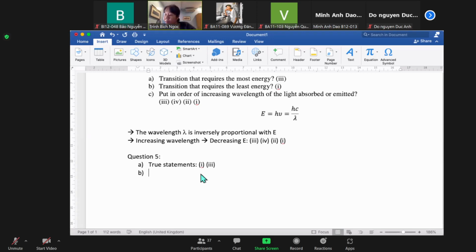So the answer will be: when a hydrogen atom moves from the ground state to the excited state, the atom expands, okay?